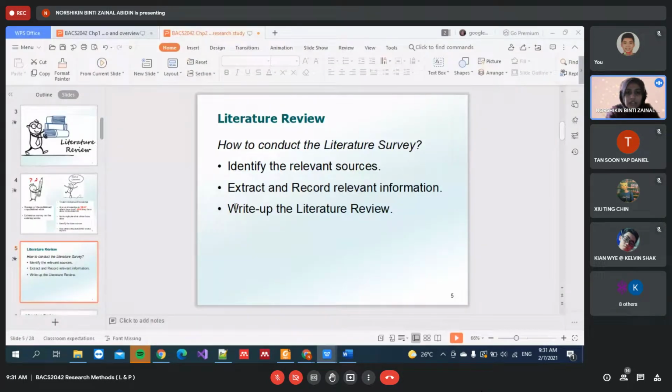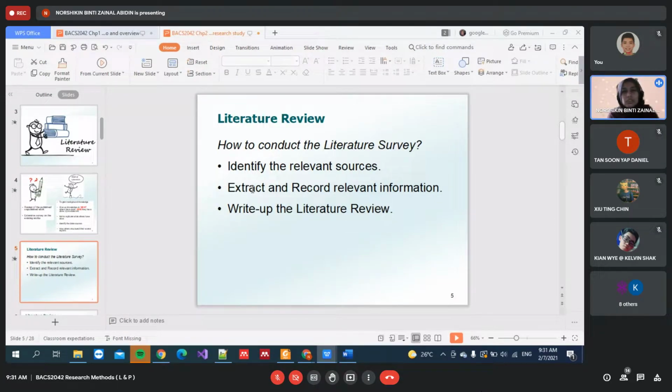And then extract and record relevant information. Like I said last week, I still remember, I told you guys that out of many papers, let's say out of 100 papers that you read, doesn't mean that you need to extract all of the information from all of the papers.